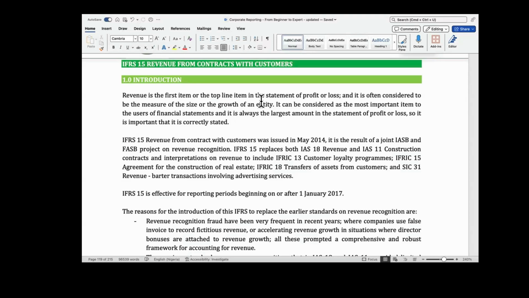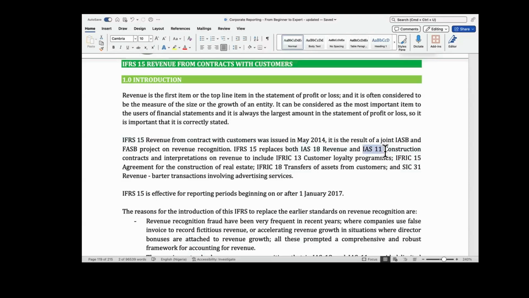Revenue is so important that it has to be stated correctly in the books, and IFRS 15 is here to make that a reality. It came in 2014. It's a joint project between the IASB and the FASB, and it came to replace IAS 18 and IAS 11.